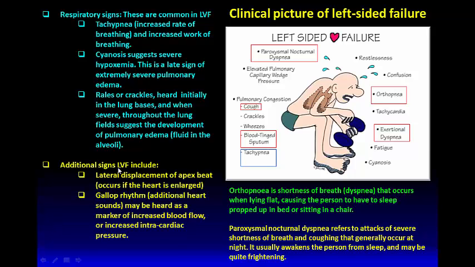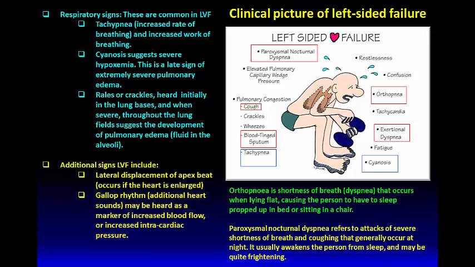Other signs include lateral displacement of the apex beat as a result of enlargement of the heart because of left ventricular dilatation or hypertrophy, and a gallop rhythm, an additional third heart sound, might be heard when we auscultate the heart. A gallop sounds like this.